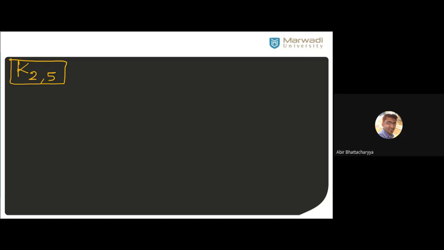So for a complete bipartite graph, what is the number of vertices and number of edges? For K25, write down the number of vertices and number of edges on the chat box.